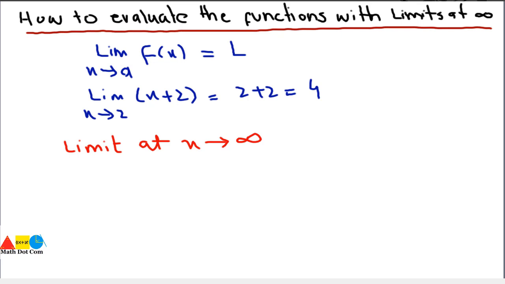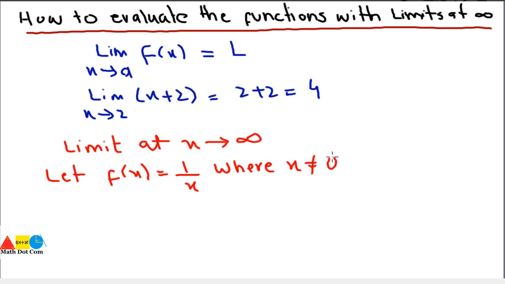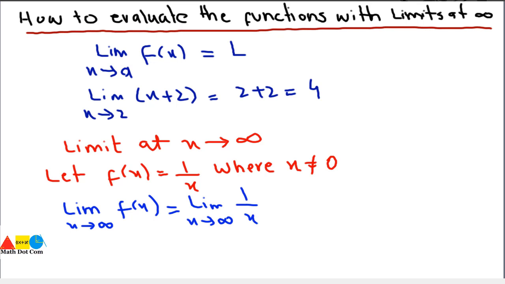So let's say we have a function f of x equals 1 divided by x, where x is not equal to 0 because otherwise it will make it an undefined function, and we apply the limit on the given function as the limit as x approaches infinity of f of x is equal to the limit as x approaches infinity of 1 divided by x.